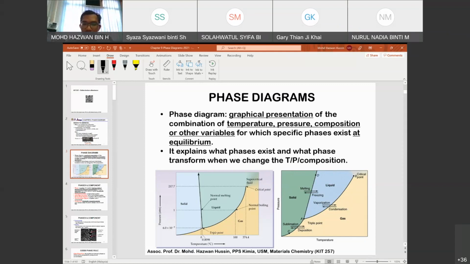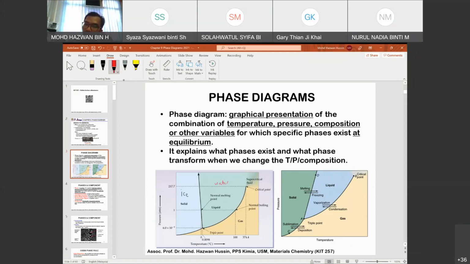Okay, this is a phase diagram of water. At a certain temperature, below 0 degrees, water will be solidified. It will form ice. Okay, so this is ice. And if you increase the temperature, if it is beyond 0 degrees, it will exist as liquid water.